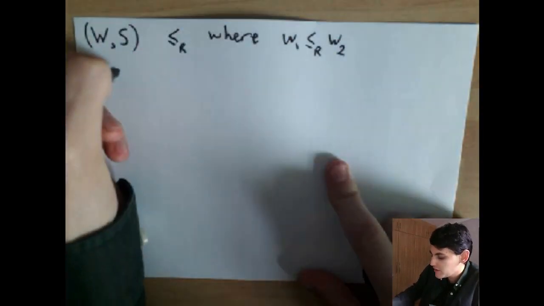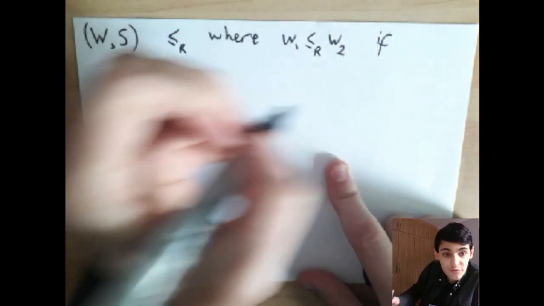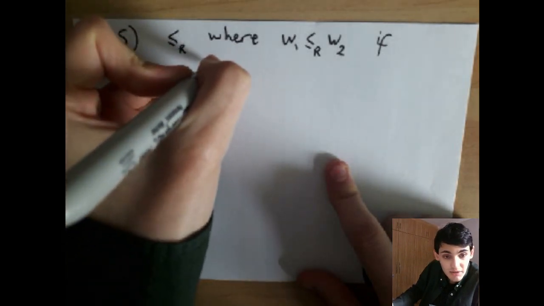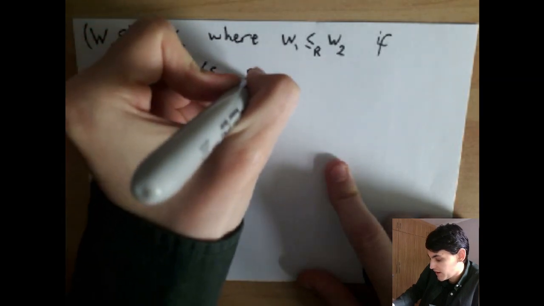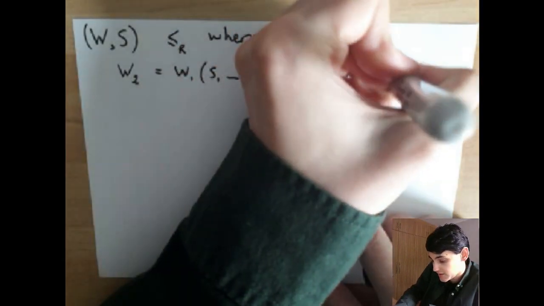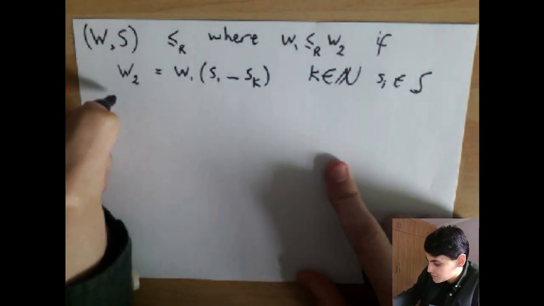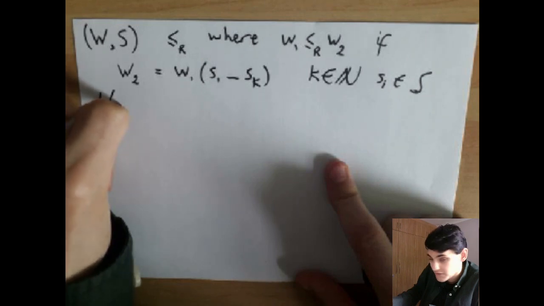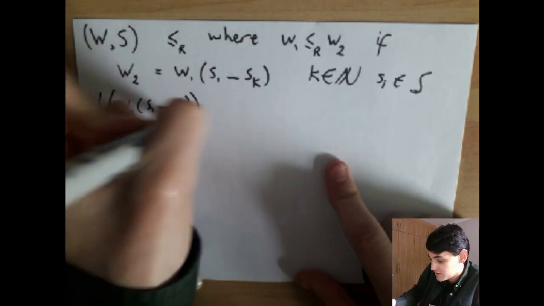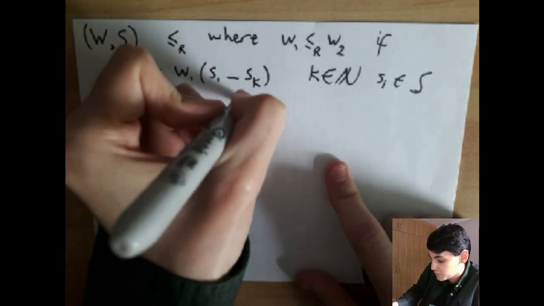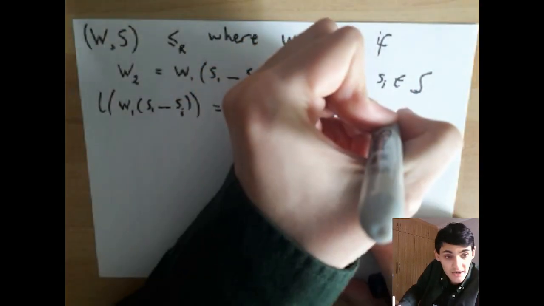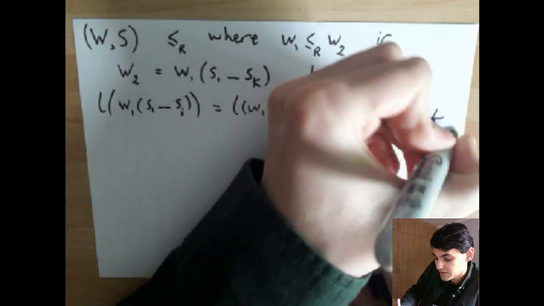That means W2 is equal to W1 multiplied by S1 up to SK, for K in the natural numbers and SI in S. And we also have that the length of W1 times S1 up to SI is equal to the length of W1 plus I, for I between 0 and K.